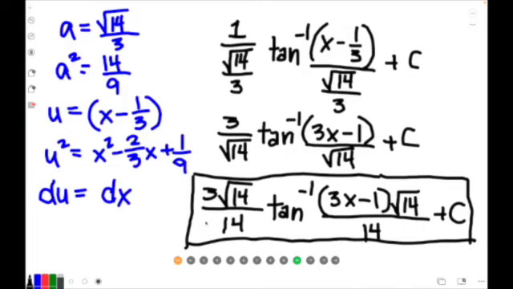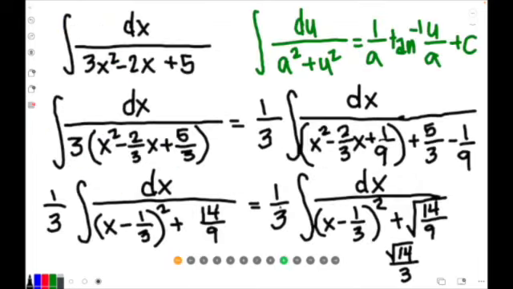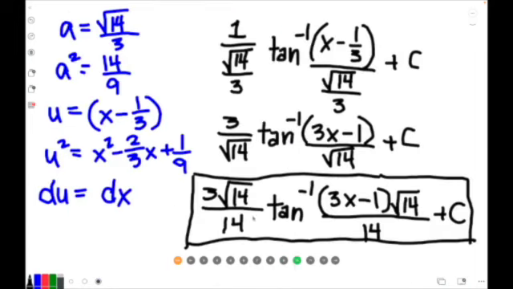Okay, looks like I missed something. Let me, okay, so we have 1/3. Please pardon, we forgot about the 1/3. We need to multiply this by 1/3. So it means that if we multiply this by 1/3, the 3 here will just cancel out.